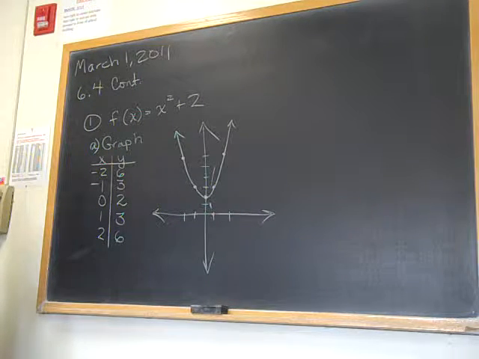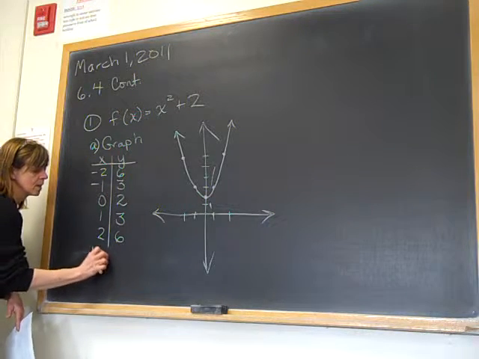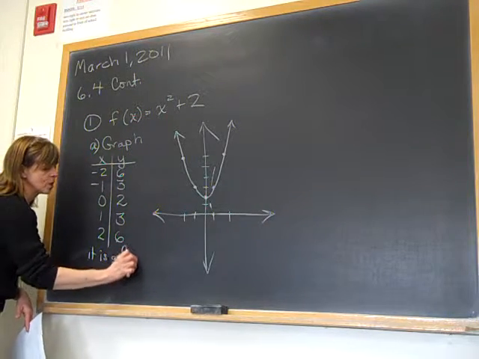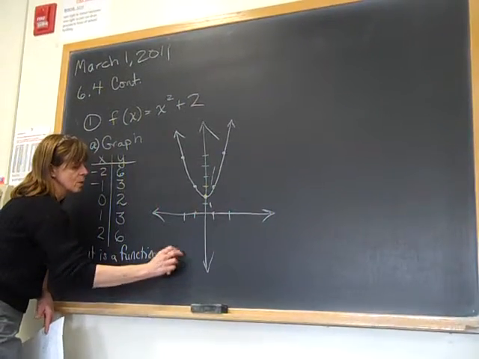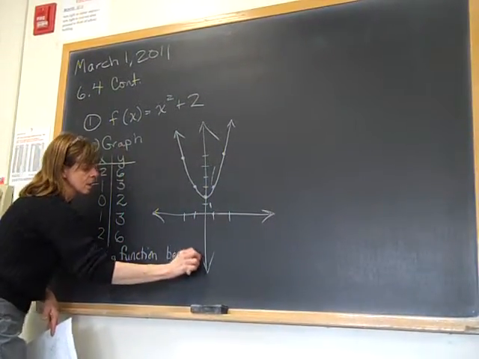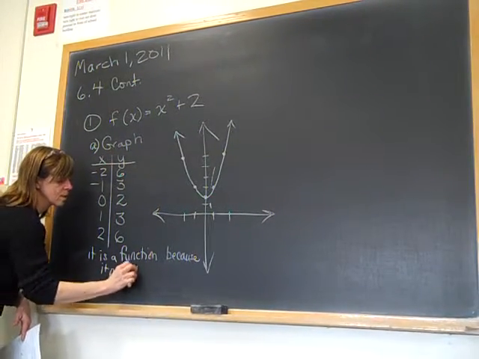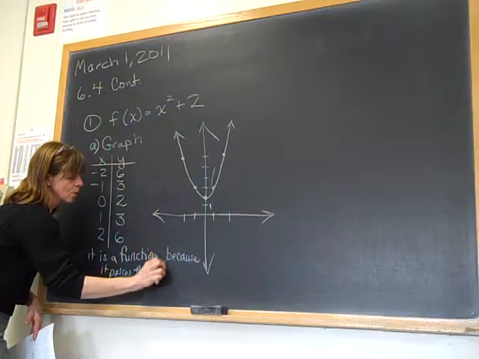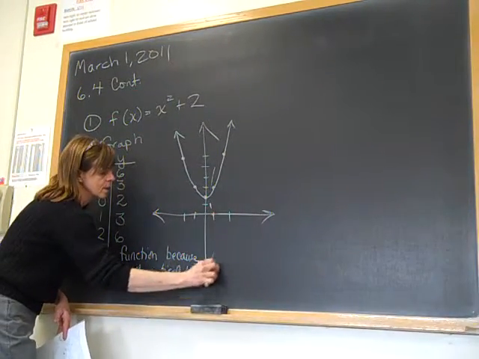No, all vertical lines will only hit it once. So it is a function because it passes the vertical line test.